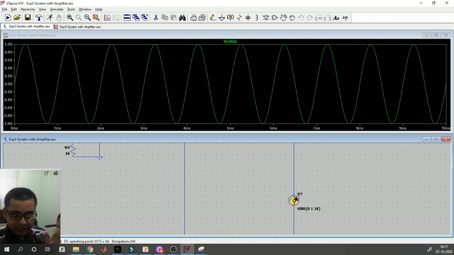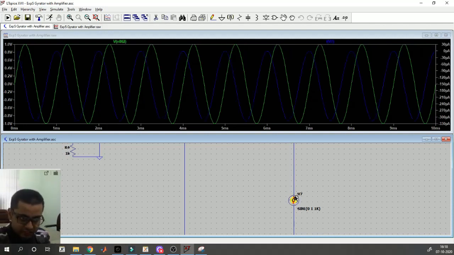However, once again, I actually want to measure the current in the upward direction. Anyway, so I have to take the negative of what LTspice will give me. So let me click on this, and this is the current in the opposite direction.